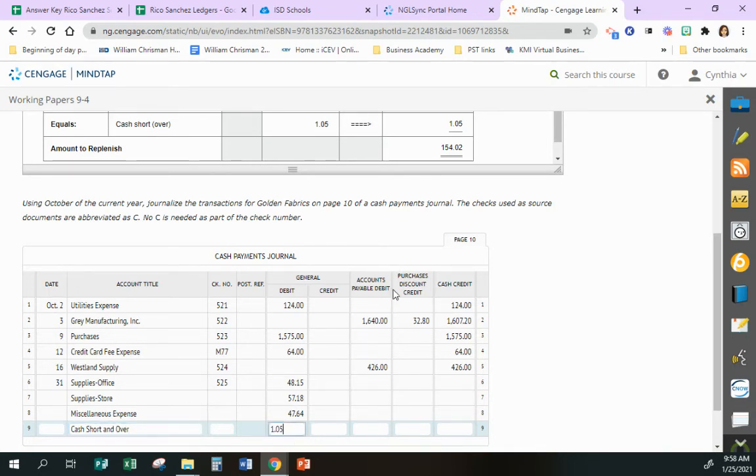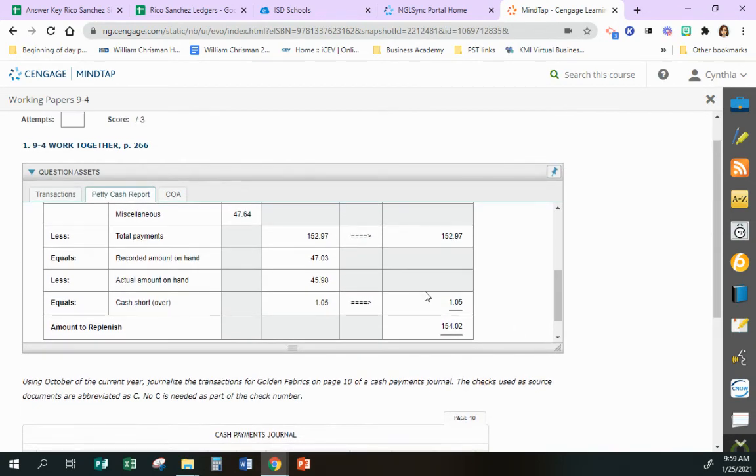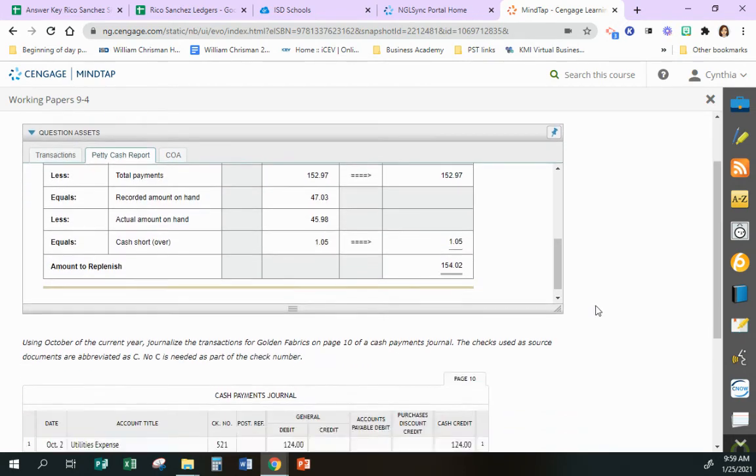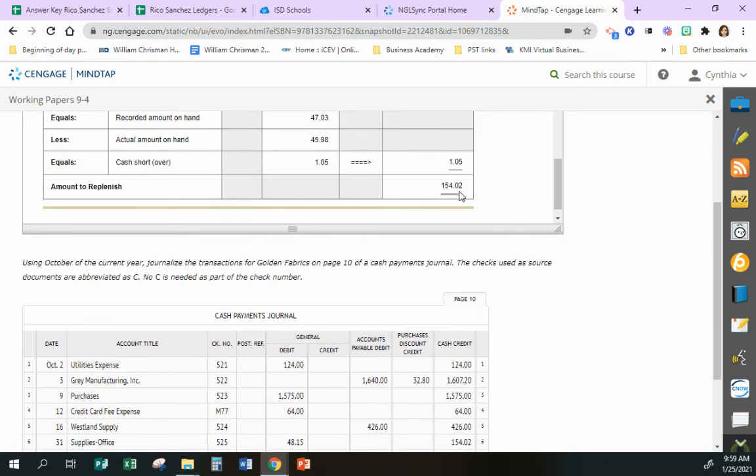That $5 is going to be a debit in this particular one. And then your credit to cash is going to be all those added together, which should be the 154.02, because that's what it tells us up here we need to replenish petty cash.